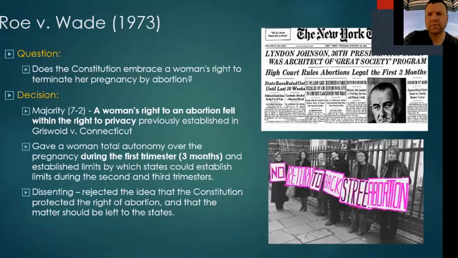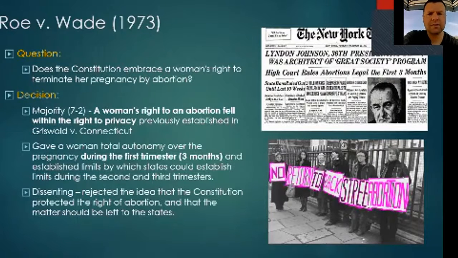And basically during the first 3 months of pregnancy, a woman has an absolute right to decide for herself, that's the right to privacy part, whether or not she wants to go through with that pregnancy. After 3 months, states can go into a little more restrictive measures.